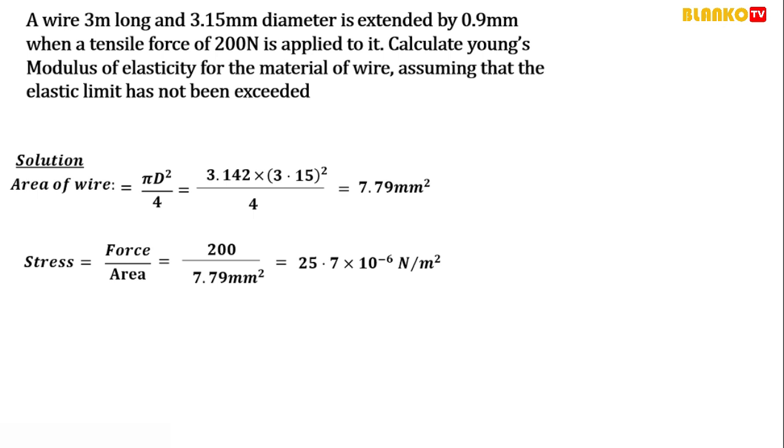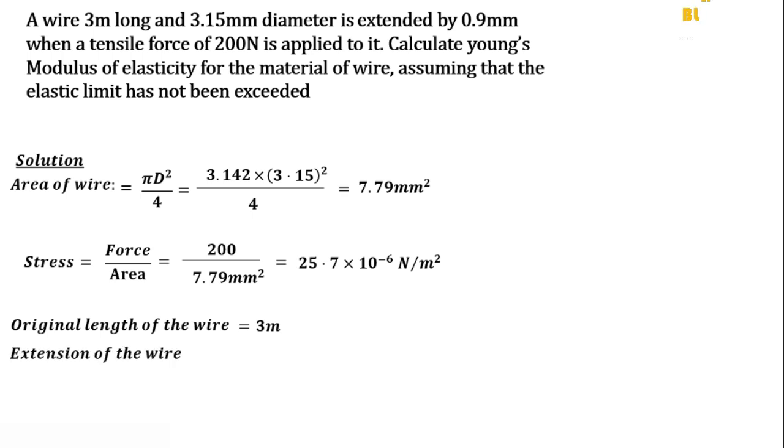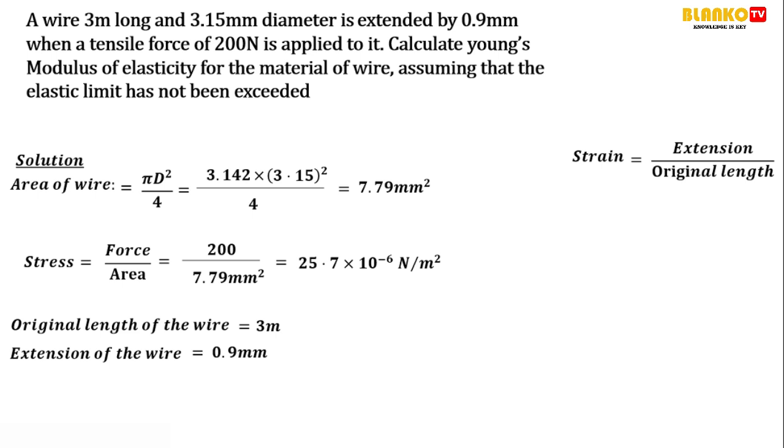From the question, the original length of the wire is 3 meters, and the extension of the wire is 0.9 millimeters. So we can now calculate the strain. Strain is equal to the extension over the original length.